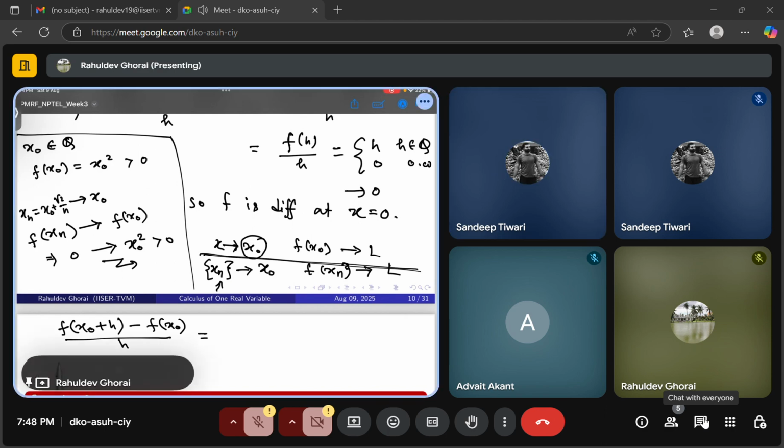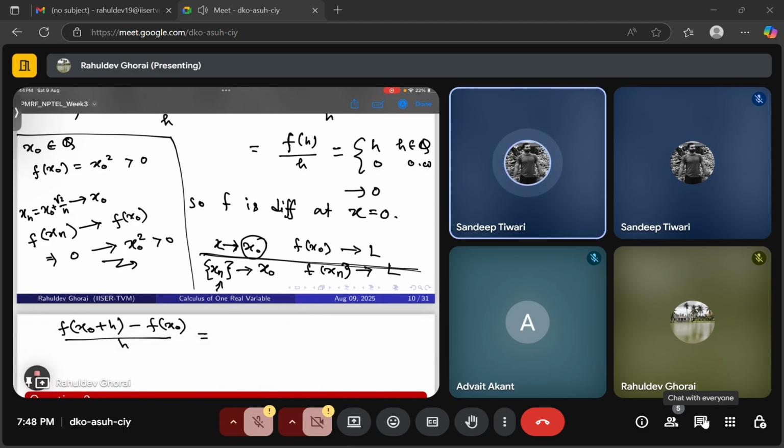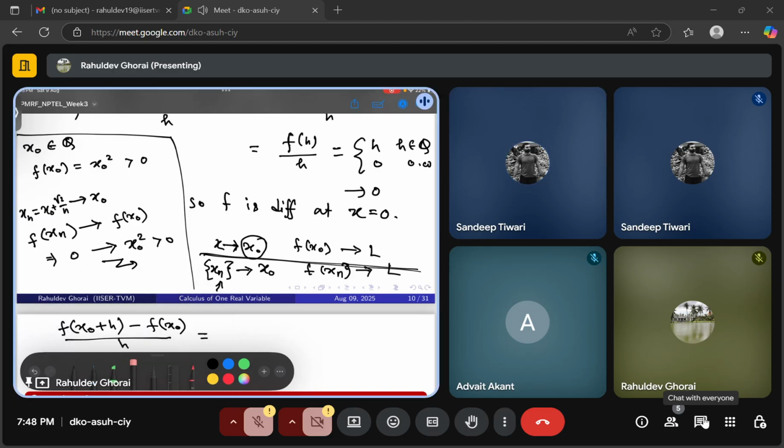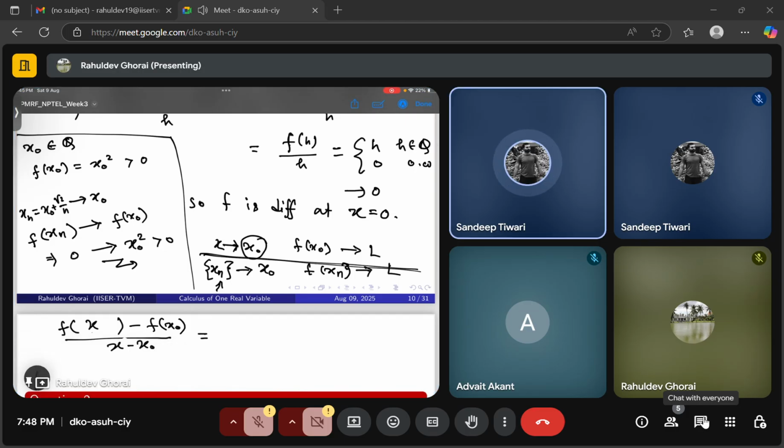Wait, I am writing; then you will say whether I am writing correctly or not. Sir, f of x naught is x naught square because x naught is rational. So f of x minus x naught square, divided by x minus x naught.